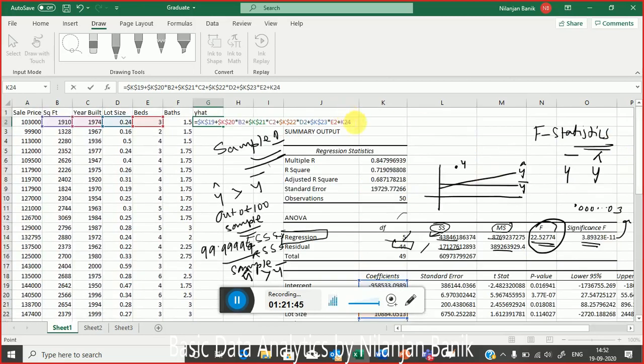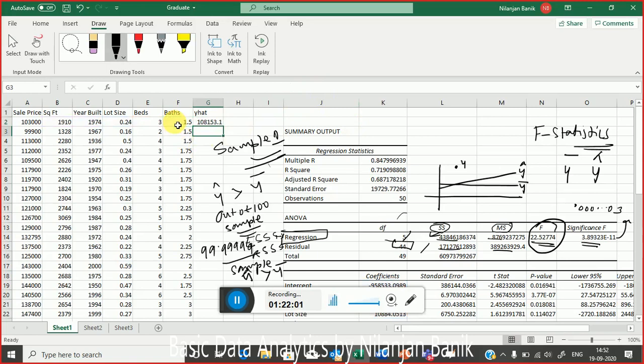Yes, sir. Yes, sir. So that is my y hat.